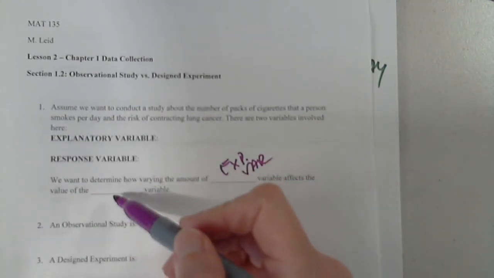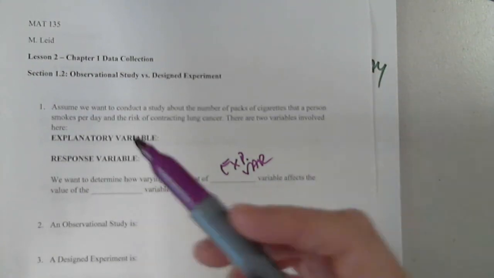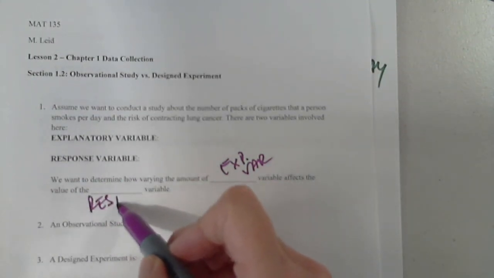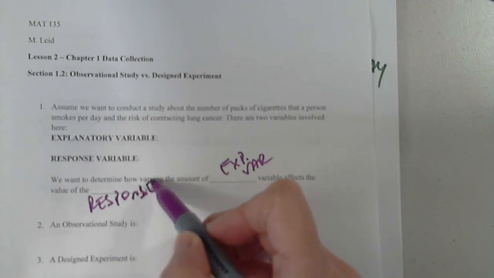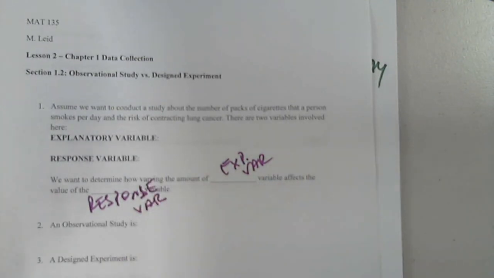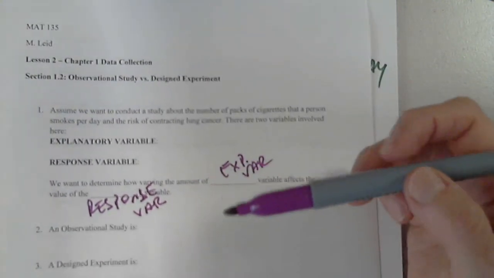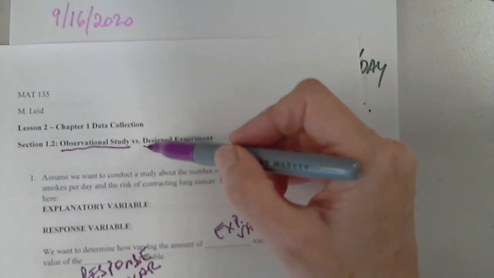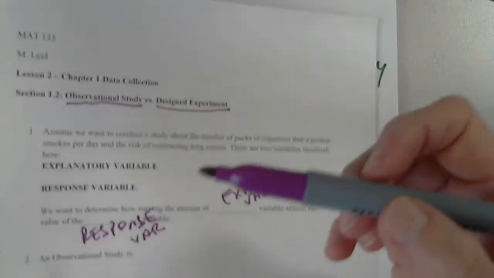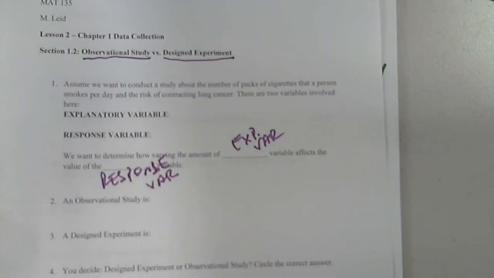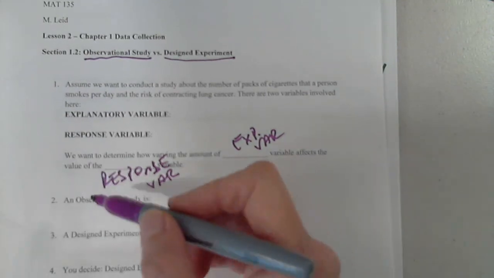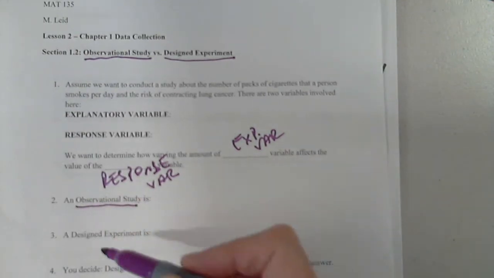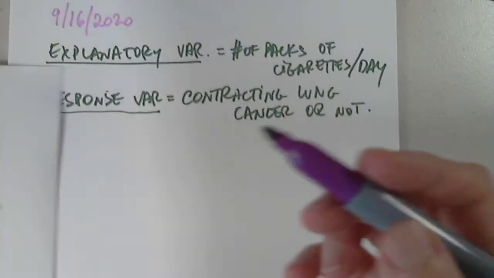Affects the value of which variable? Response. Excellent. Okay, and as I mentioned, we have two options here. We have an observational study and a designed experiment. I will explain what they mean, and then we'll look at an example. So let's continue with what an observational study is, and then a designed experiment.